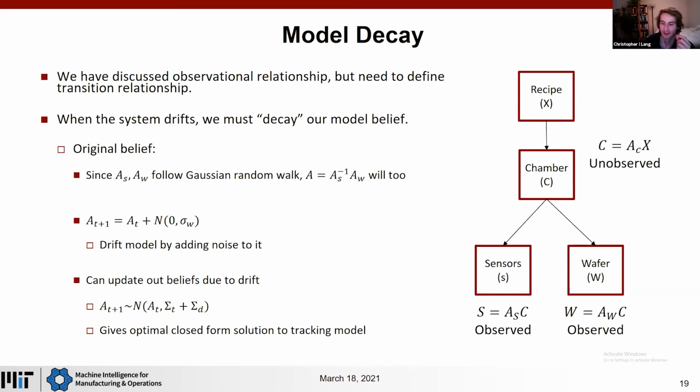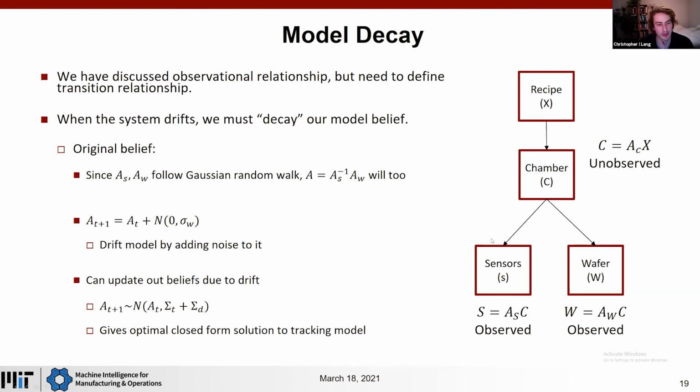Yeah, it's a little subtle, but anything can be negative, but you generally don't want the relationship between the sensor values and the chamber values to flip sign.